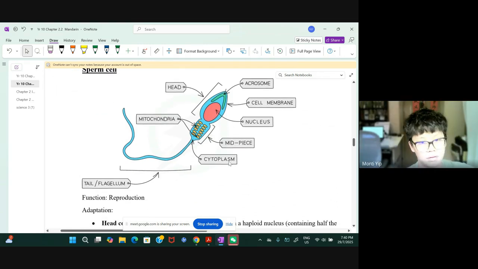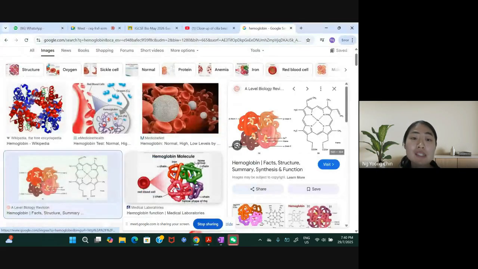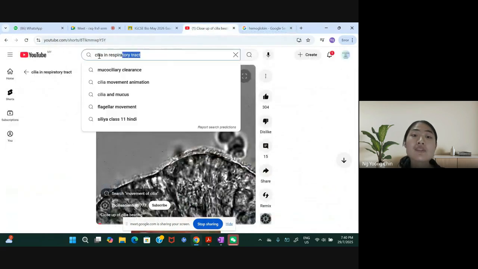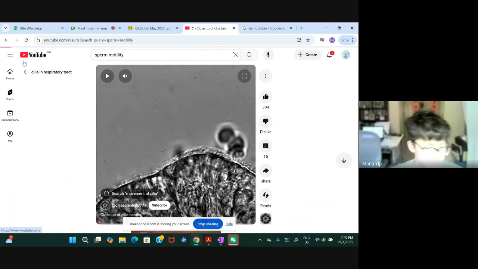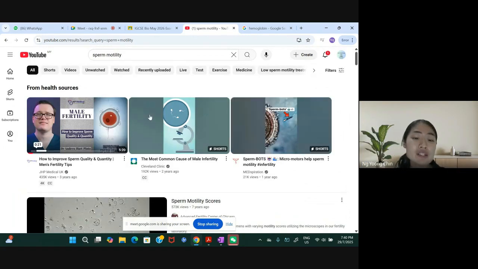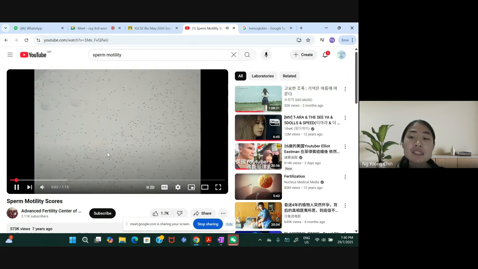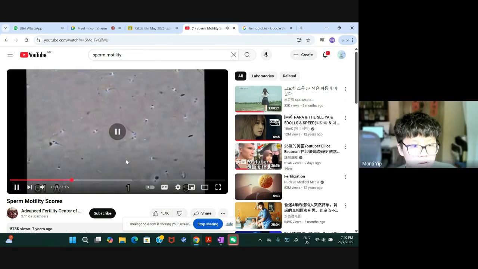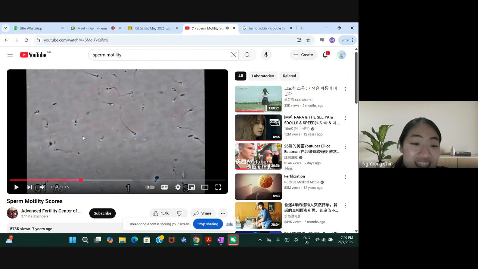Sperm cell, you must know, because you are male. Let me show you the actual sperm cell. See how sperm cells move. They are actively swimming, right?